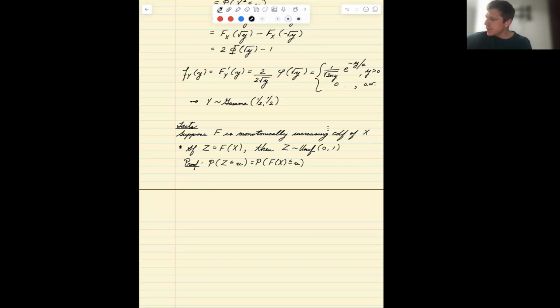And we've assumed that F is invertible because it's monotone increasing. But now this is the probability that x is less than or equal to F inverse of u, which is the distribution function of x evaluated at F inverse of u. Well, F and F inverse cancel, and we get u. This is the CDF of the uniform.